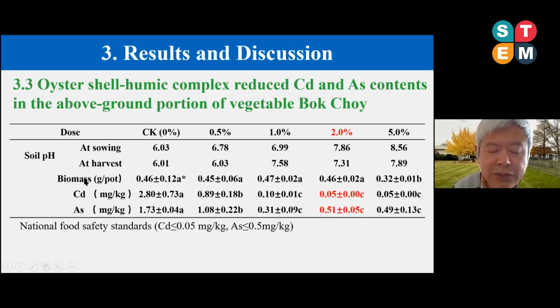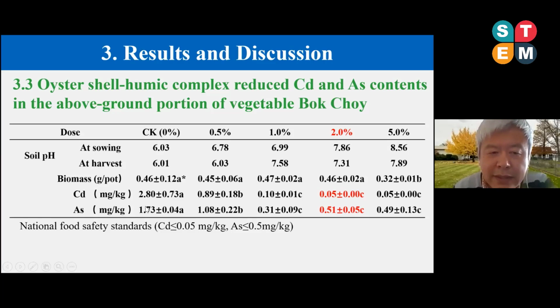And as for biomass, because only the above ground portion of the vegetable is consumable, we determine the above ground biomass. The biomass remains relatively stable until you add too much of the amendment, the 5%.